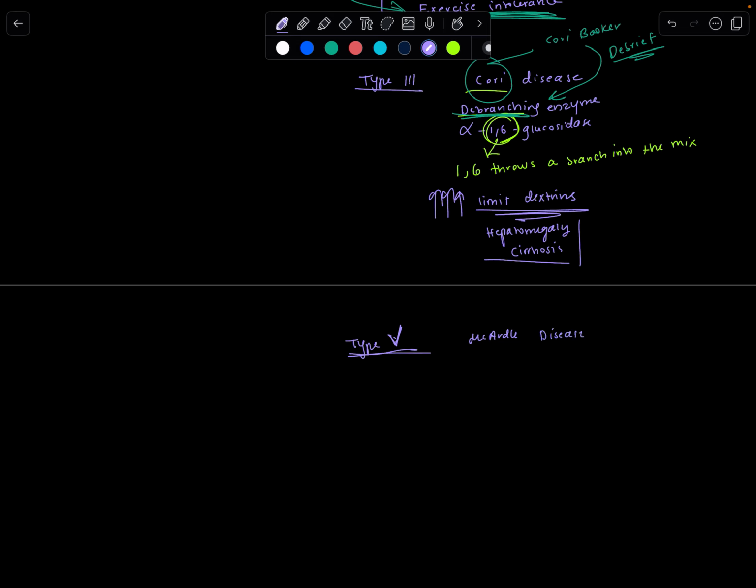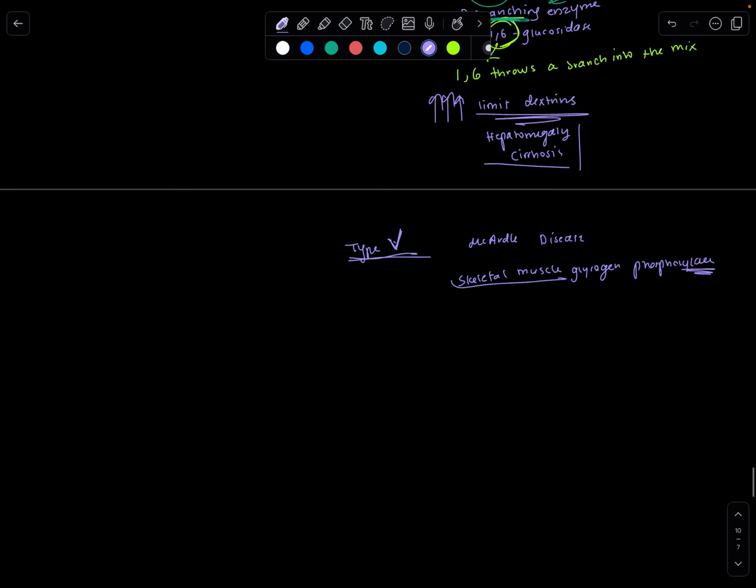This disease is caused by a deficiency in the skeletal muscle glycogen phosphorylase. Okay, phosphorylase means to break, right? And if it's in the skeletal muscle, it's called myophosphorylase. The M in McArdle matches up with the M in myophosphorylase, which also matches up with the M in muscle.